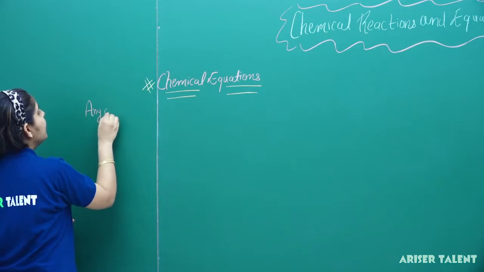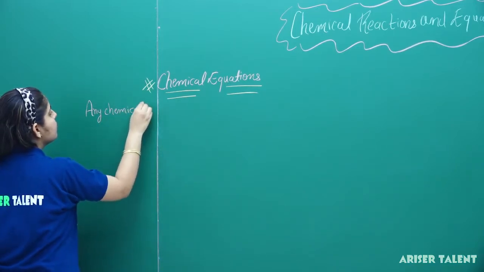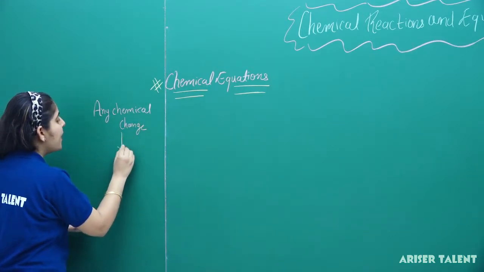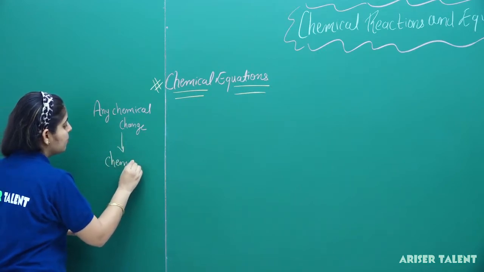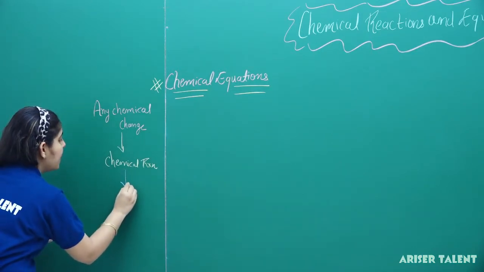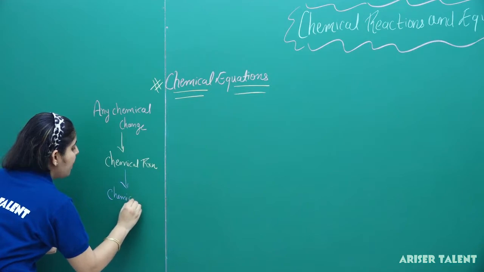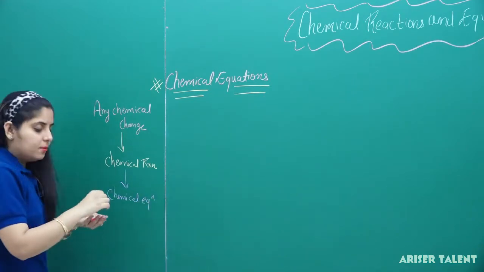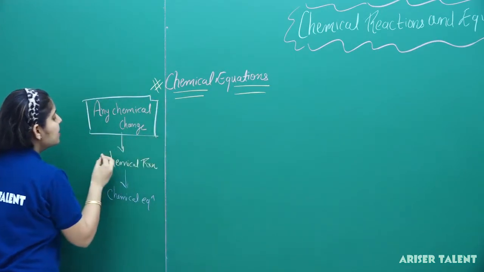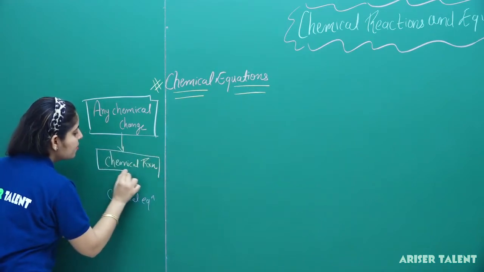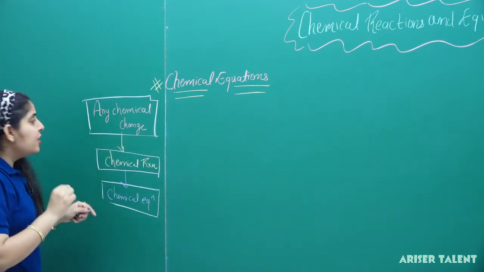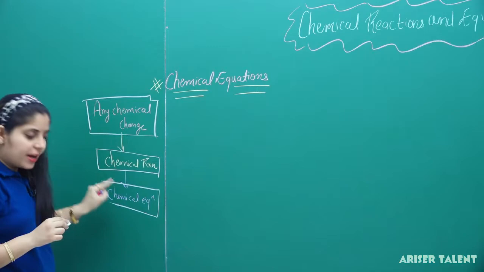If I say about any chemical change, this chemical change will be accomplished by a chemical reaction, and any chemical reaction can be expressed by a chemical equation. So, it is all about the chemical change, reaction and equation.